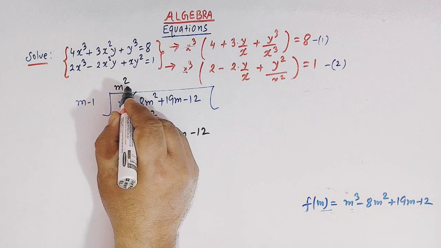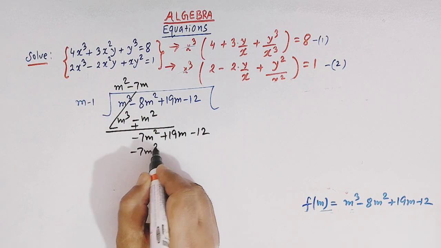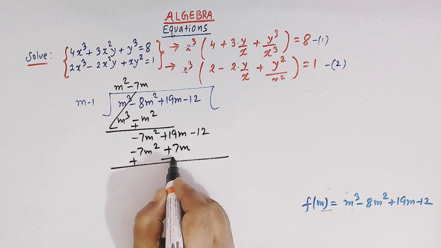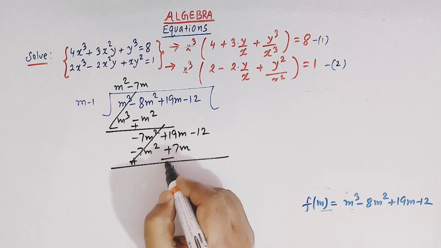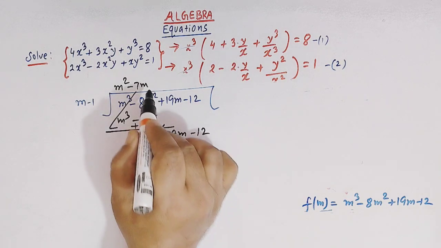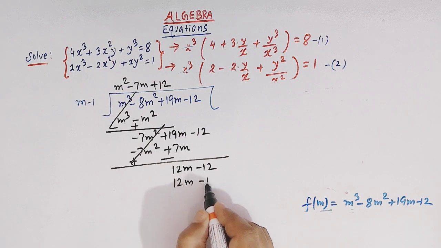So now we can take here minus 7m. So this is minus 7m square plus 7m, and here we have positive sign, here we have negative sign. So here we have now 19 minus 7 is 12m minus 12, and now we can take here 12. So we have 12m minus 12.